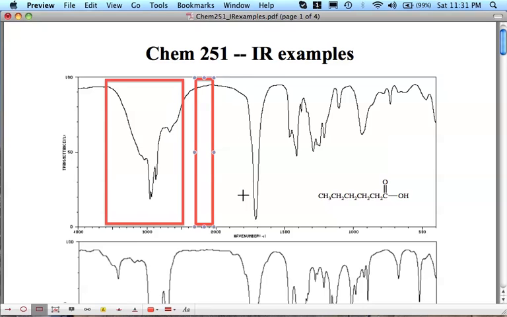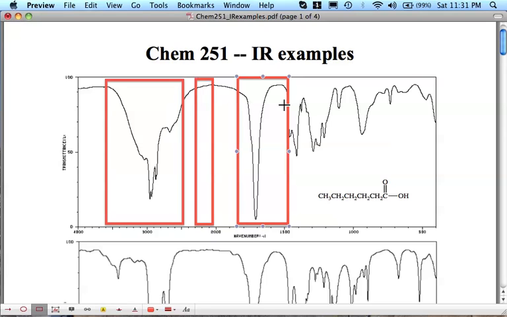And finally, the last region that we're going to spend a lot of time analyzing comes from about 1850 down to 1500, or a little bit below. And that's going to correspond to your double bond region, like carbon-carbon double bonds and carbon-oxygen double bonds specifically. You could also have carbon-nitrogen double bonds in that region.